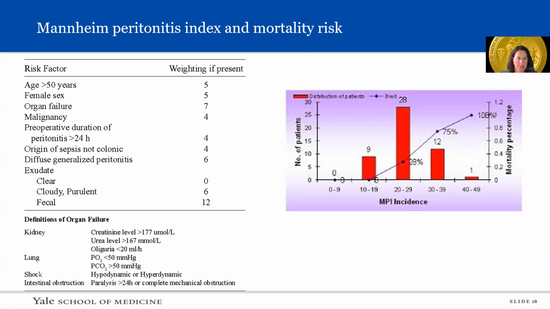diversion versus non-diversion is the Mannheim peritonitis index, which you can appreciate here. This patient had feculent peritonitis. He had diffuse generalized peritonitis, which brings him up to 18.